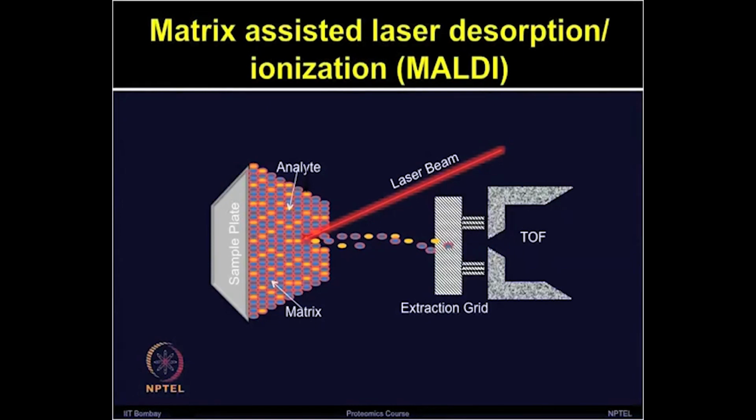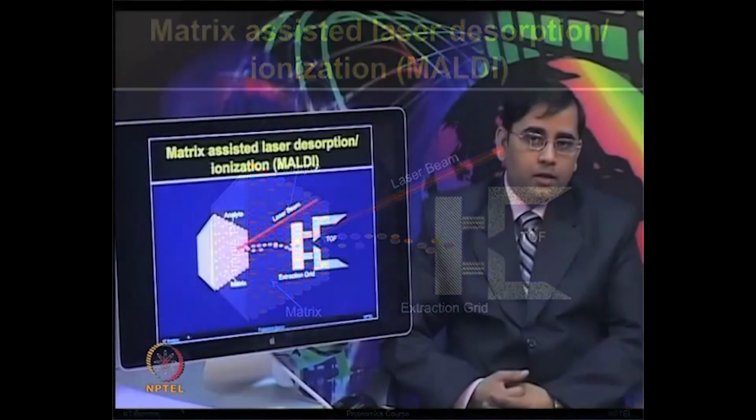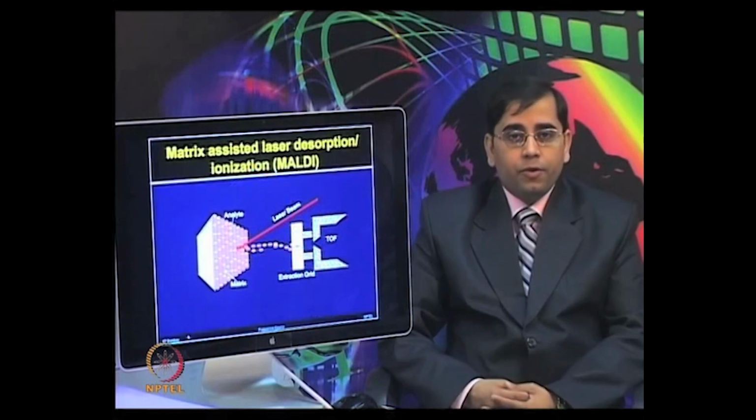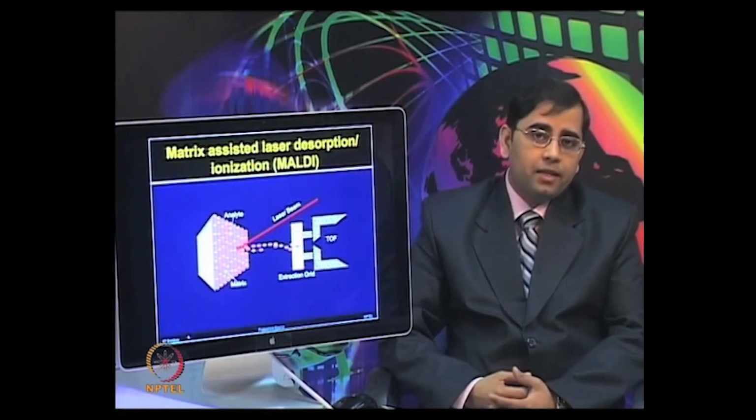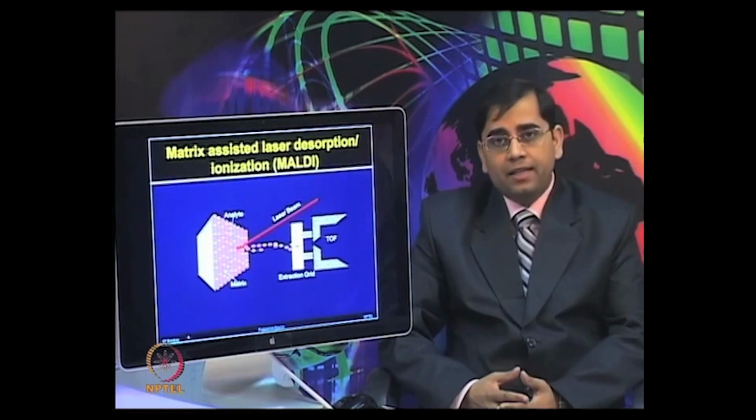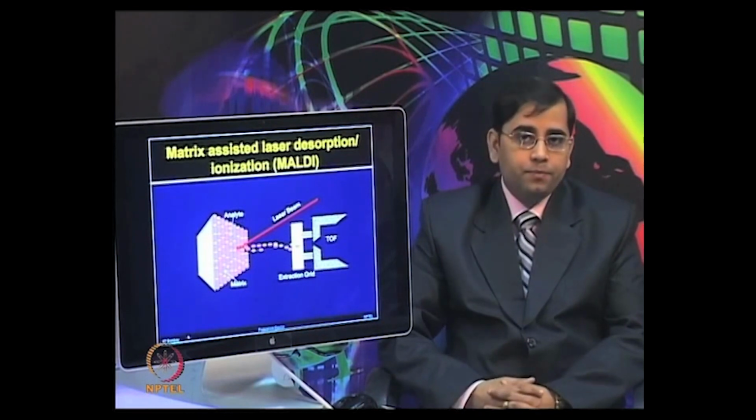So, analyte or the proteins of interest are mixed with the matrix, which is usually an aromatic compound. There are various type of matrices available, which we will talk in more detail when we come to the sample preparation and matrix selection. But just for your reference, we can use 2,5-dihydroxybenzoic acid, we can use sinapinic acid, and there are several other choices.